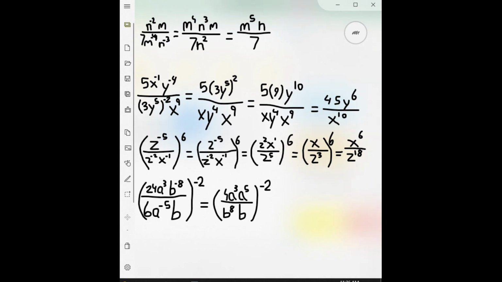Then we divide the 24 by 6. And because we have a negative 2 exponent, to make that a positive, what you're going to do is flip everything inside of the parentheses upside down. And then from that point, just apply the positive 2 to everything inside of the parentheses.